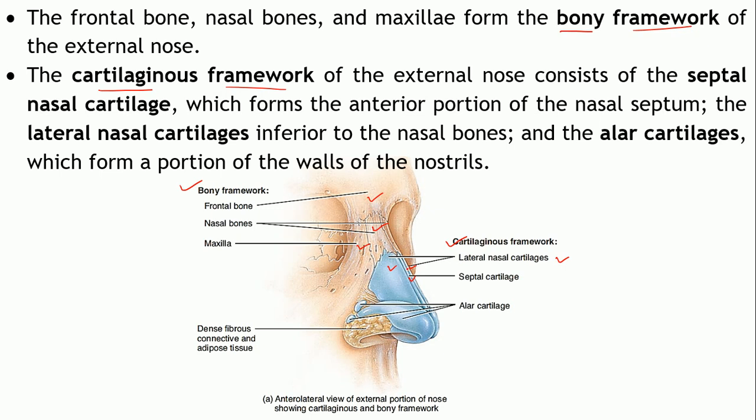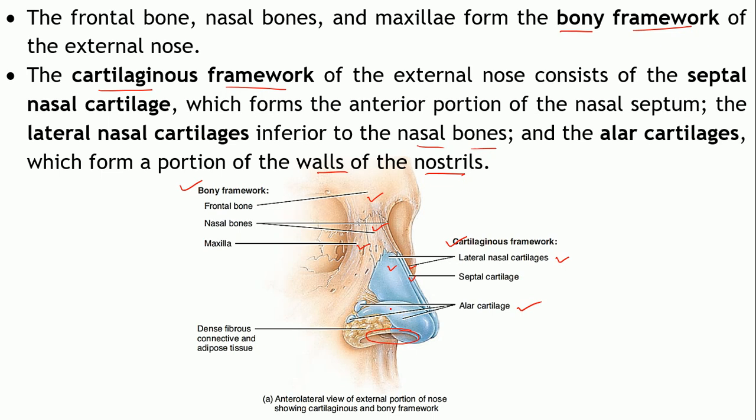Okay, so these are inferior to the nasal bones, just inferior to the nasal bones. These are your nasal bones. So just inferior to that are located the lateral nasal cartilages, and the third one is the alar cartilage. So this forms the portion of the walls of the nostrils. Now where are nostrils? These are the ones, right?